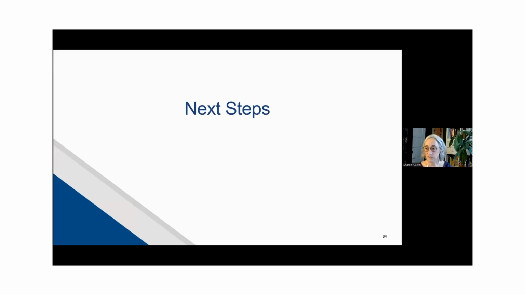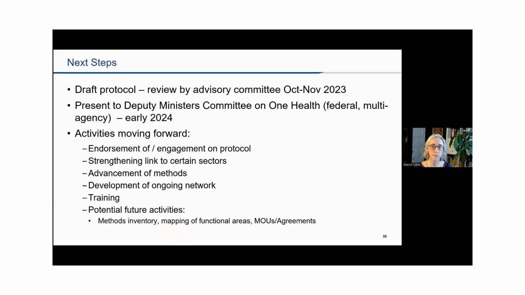And so finally, I just wanted to provide you with an idea of our next steps for this initiative. We have a draft protocol, and that has been reviewed by our advisory committee over October and November.